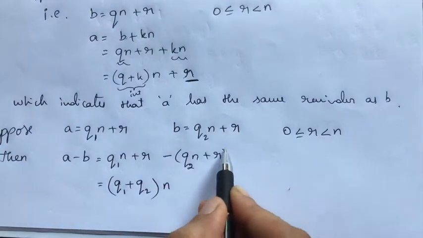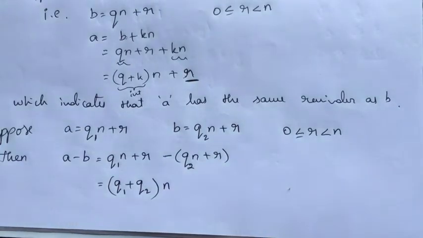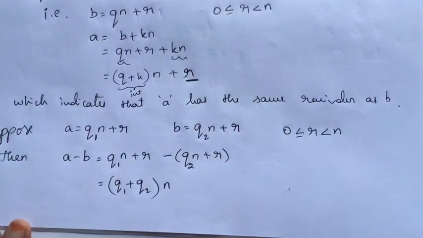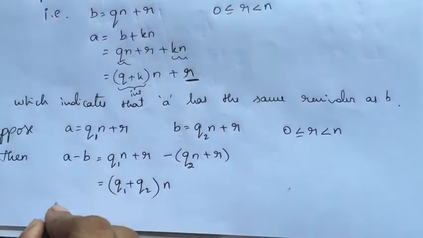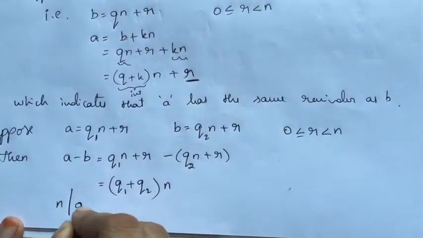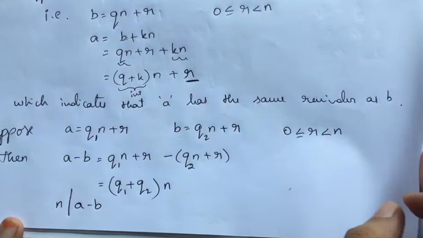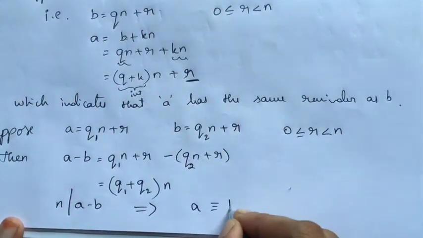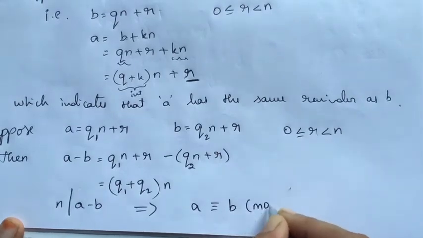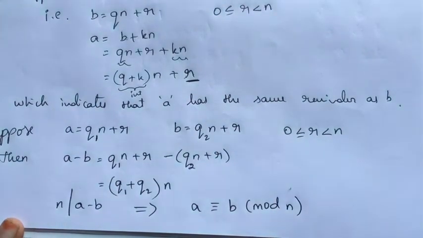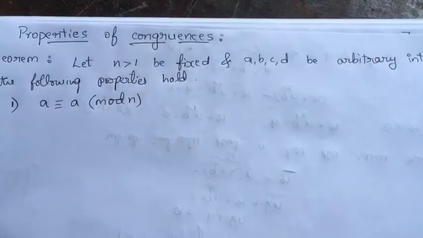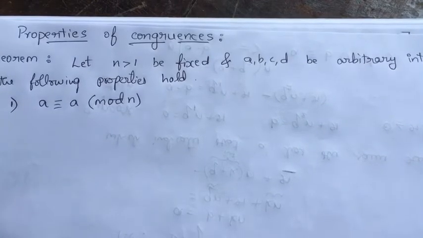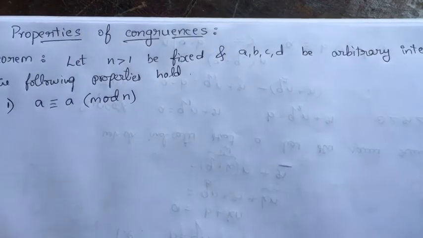This r will get cancelled with this negative r. So what does it imply? It means n divides a minus b, which in turn implies a is congruent to b mod n. Hence the proof. Now let us study a few properties of congruences.